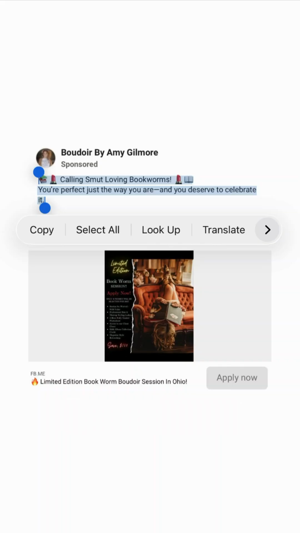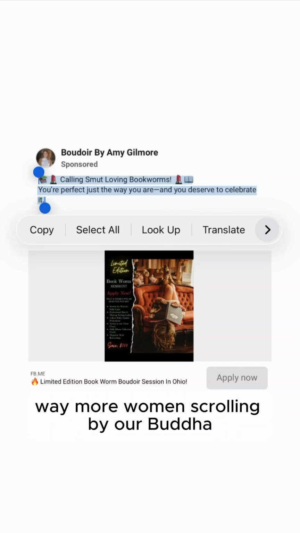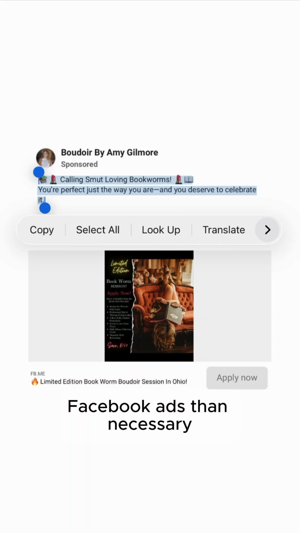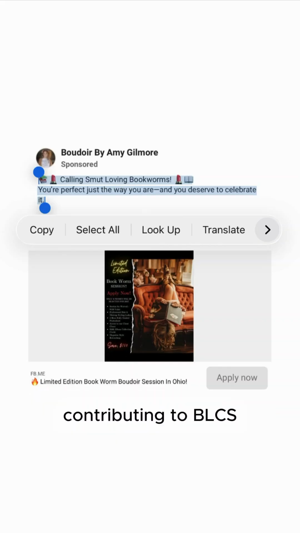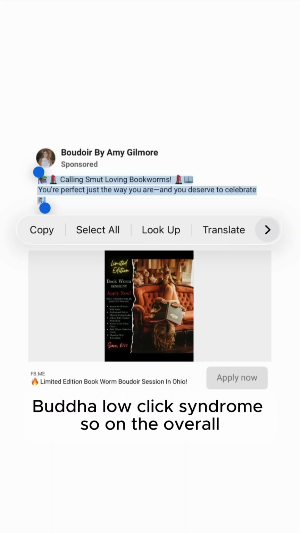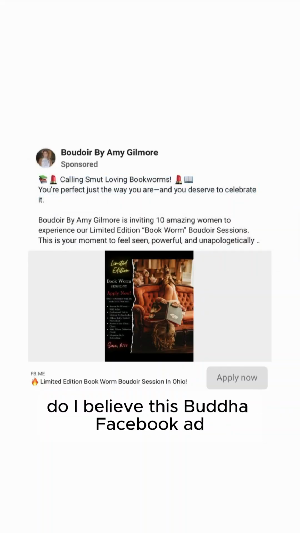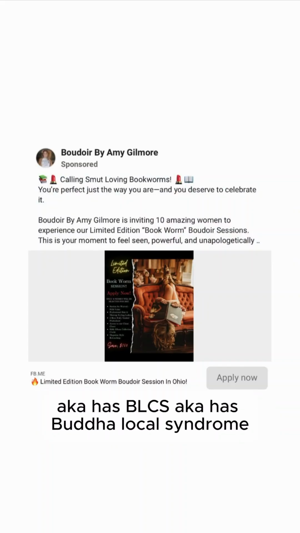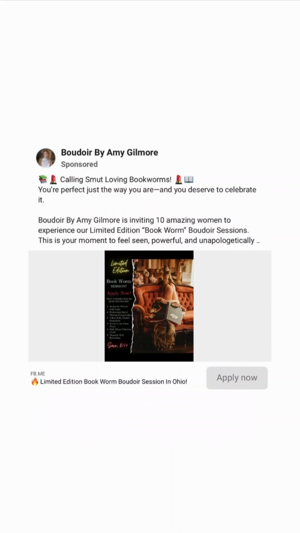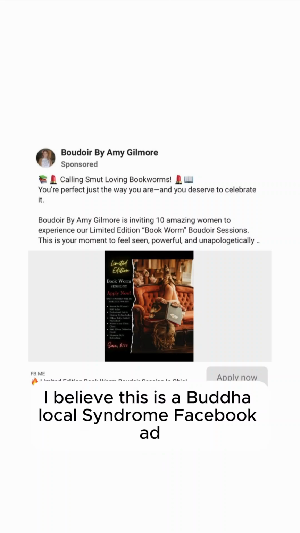So the consequence is way more women scrolling by our Boudoir Facebook ads than necessary, pulling our unique CTR under 6%, contributing to BLCS, Boudoir low click syndrome. So overall, do I believe this Boudoir Facebook ad has a unique CTR under 6%, aka has BLCS, aka has Boudoir low click syndrome? Yes, I believe this is a Boudoir low click syndrome Facebook ad.